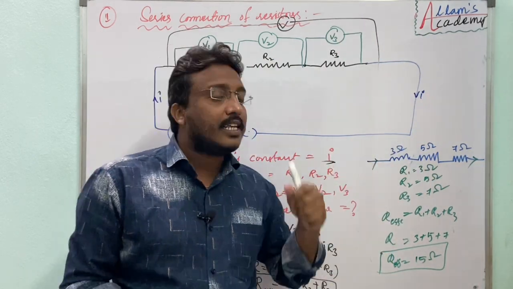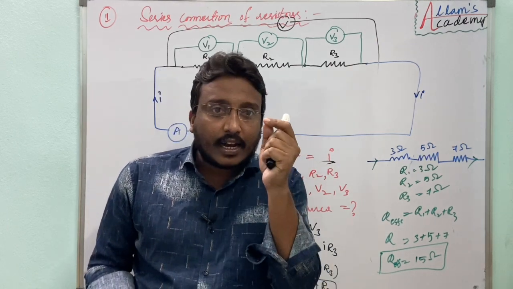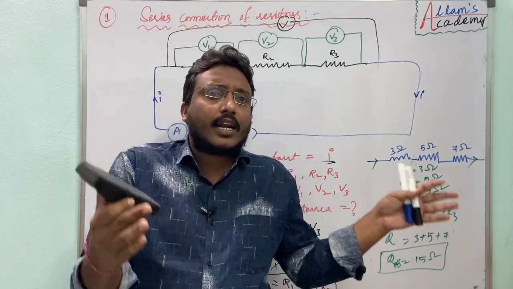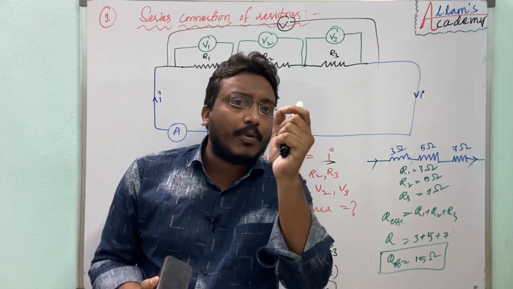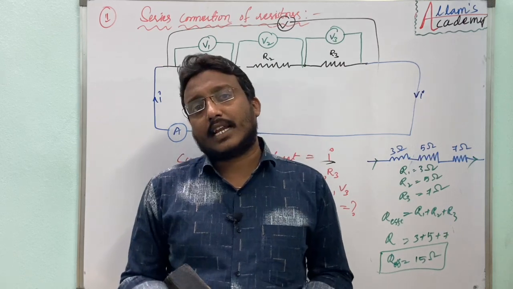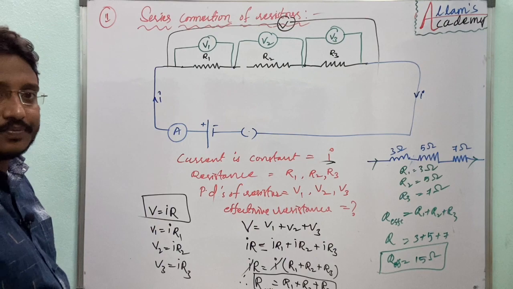These are all series connections. Series lights contain hundreds of bulbs. If any one bulb fails, then the remaining total circuit is disconnected. That is the drawback of the series connection.